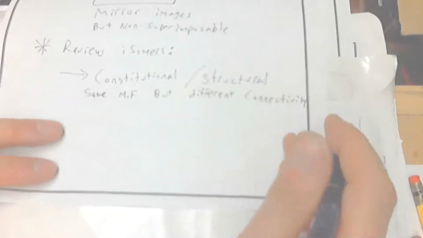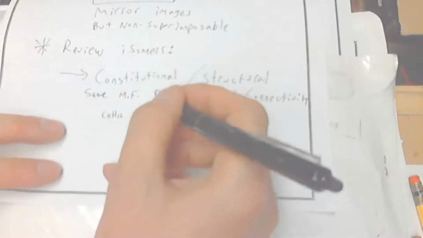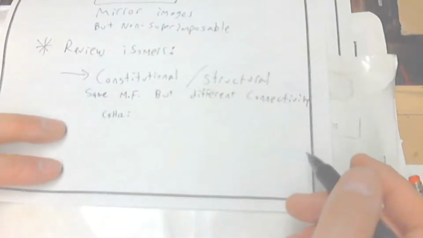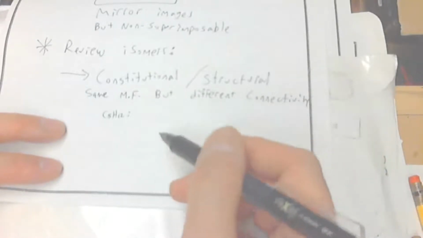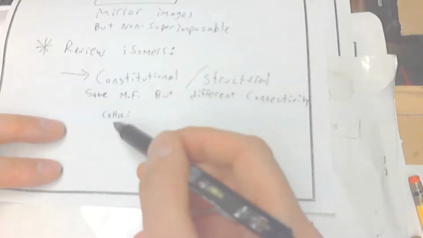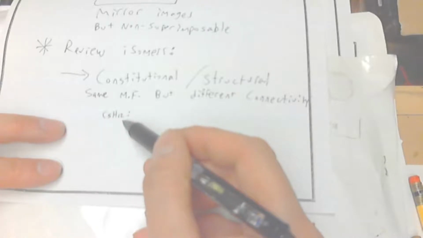And I think a good example is C5H12. Is it cyclic or acyclic? It's acyclic because 2 times 5 plus 2 is 12, and that extra 2 suggests it's acyclic.